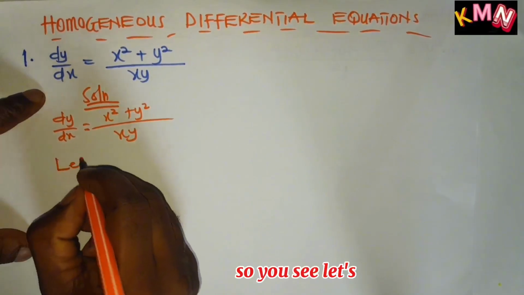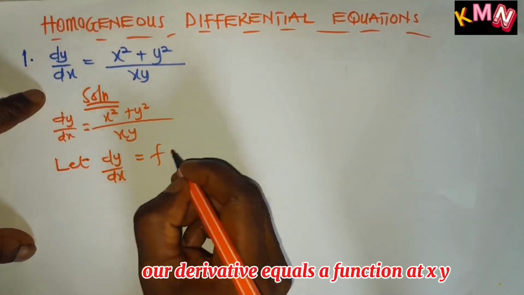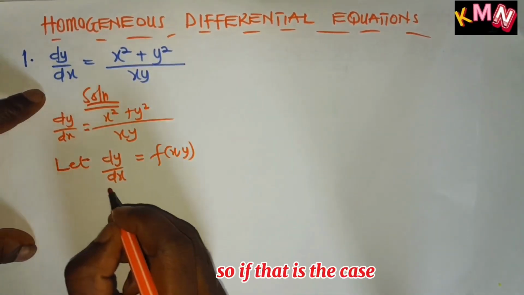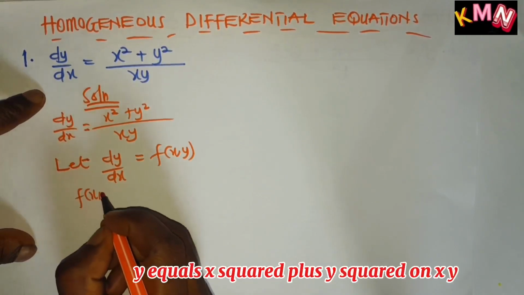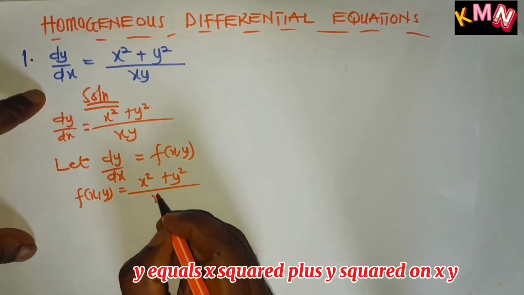So we say let our derivative equal a function f at x y. Then f at x y equals x squared plus y squared on x y.